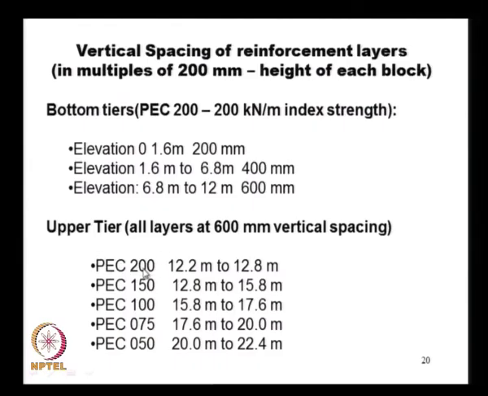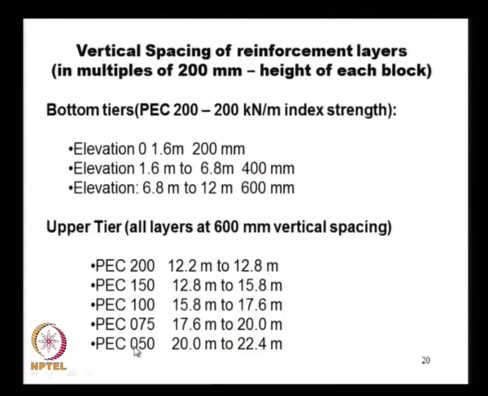From a height of 12.2 to 12.8 meters the PEC 200 geocomposite was provided. This number 200 indicates the index tensile strength, and the PEC 150, having an index tensile strength of 150 kilonewtons per meter, was provided between heights of 12.8 to 15.8, PEC 100 between 15.8 to 17.6, and PEC 75 up to 20 meters height.